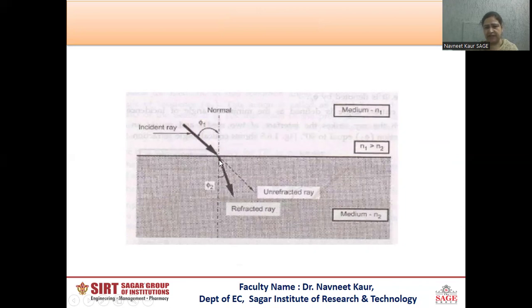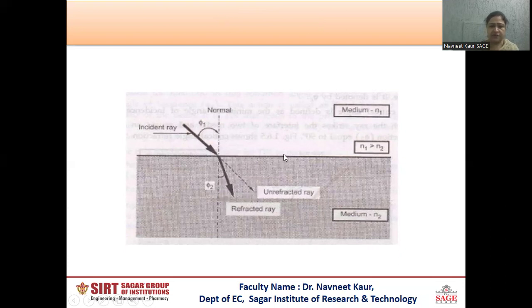Here we can see that the light ray changes its direction when it comes into the second medium. It is not taking the straight line, rather it is bent when it is moving into the second medium. The angle between the normal and the refracted ray is the angle of refraction, denoted by phi 2.